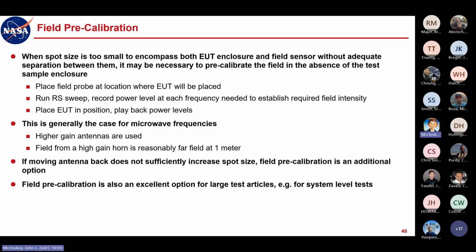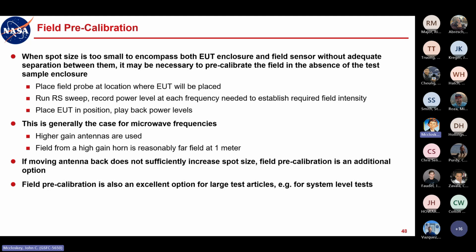You move the field probe a few centimeters or several inches, whatever system of units you like, and the field level will change somewhat, because the presence of the EUT and the reflections off of it and everything else are going to affect the distribution of that field in the chamber, and certainly in the area around the EUT. And the pre-calibration method makes you less susceptible, as it were, to that.